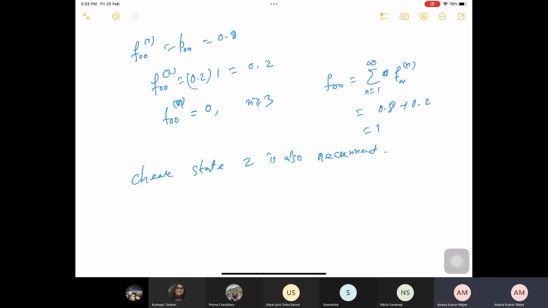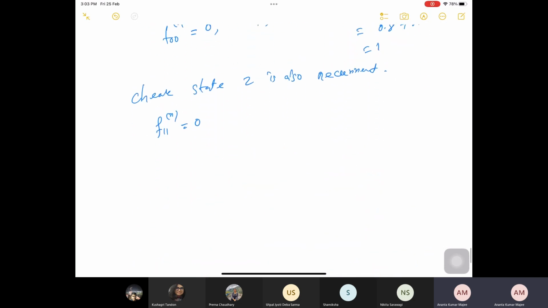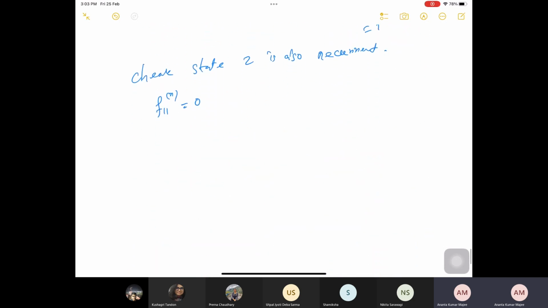Okay, so let us consider state 1. What I have is f of 1 1 n is equal to 0. Look here, from 1 it is not going and not coming back either. So for state 1, f of 1 1 is equal to 0.